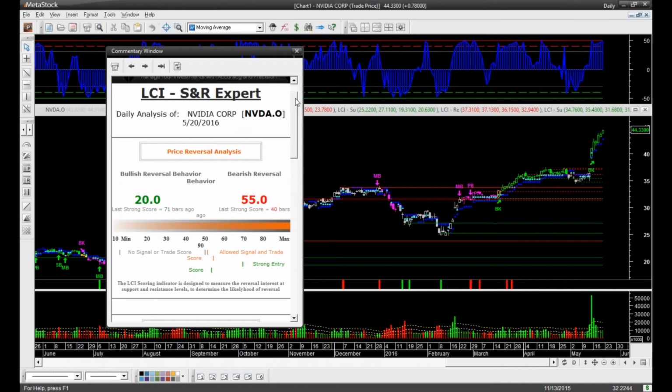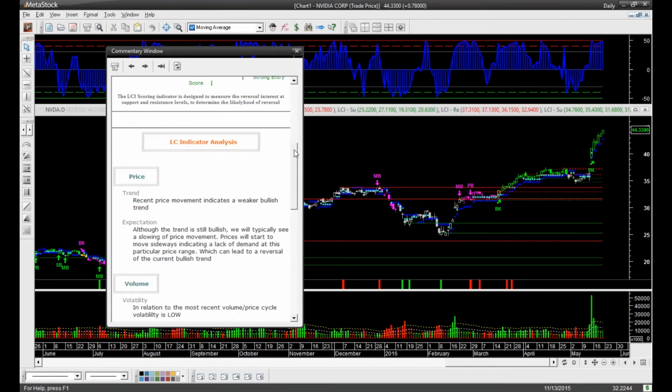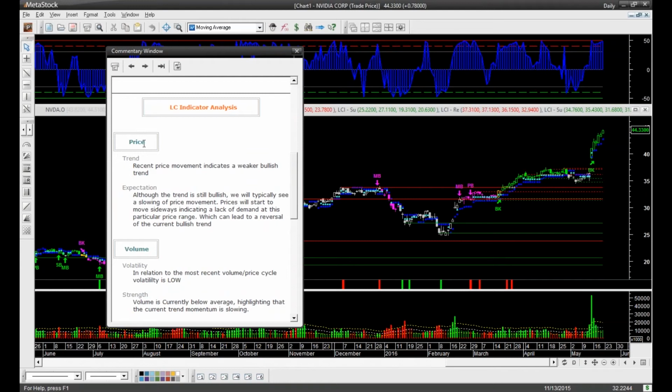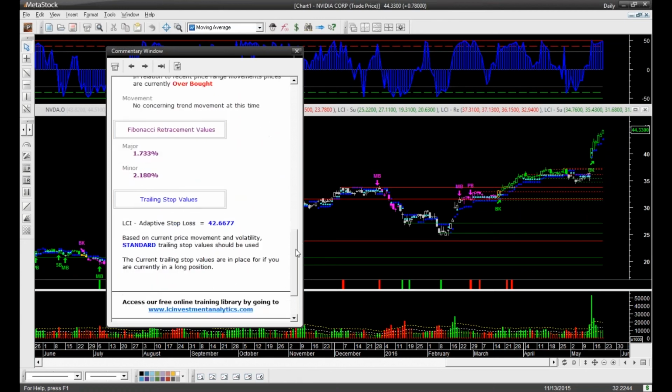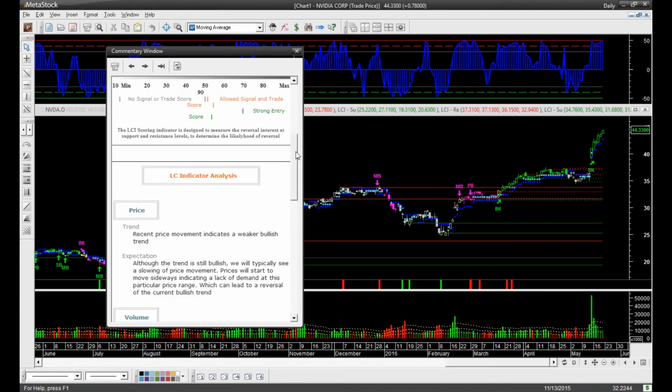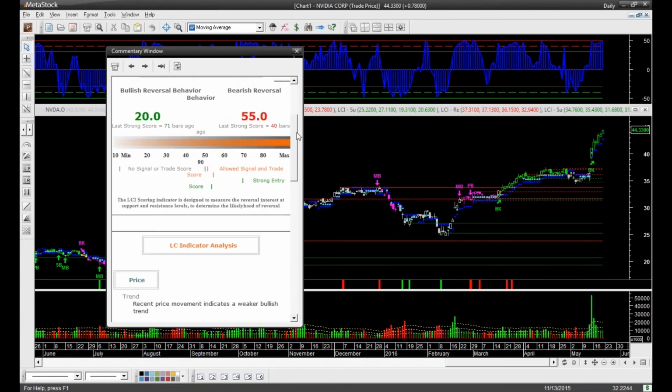Just looking at it, even if you didn't know anything about the system, you hadn't read up, from the price to the volume to the time to the retracement levels, trailing stop values, etc. Everything is within this one window, so that it helps you establish whether or not it is a good trading decision.